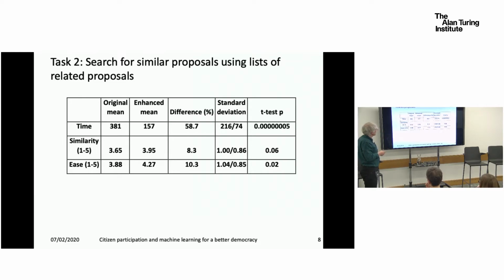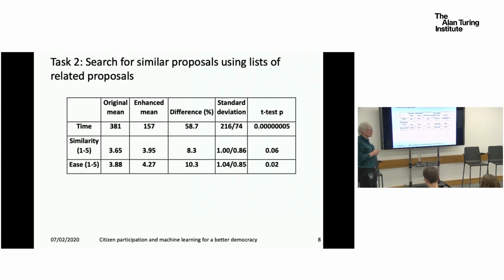Again, if we look at similarity, a difference of 8.3% according to subjects, and that's probably just not quite significant. 0.06 is the p-value there. Again, we look at ease, however, 3.88 versus 4.27, and we get a significant result. So again, it seems that subjects could do the task more quickly.